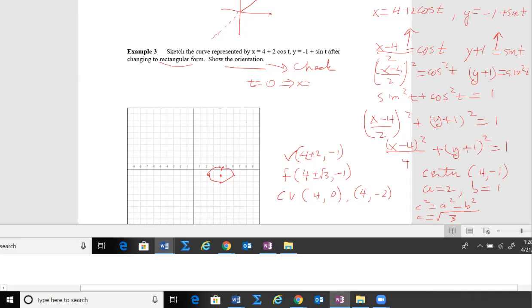Okay, so that's convenient when we're using this form. Anyway, t is 0. I get x is 6 and y is -1. So that would be this point right here. Okay, so that's right there. That's the beginning.